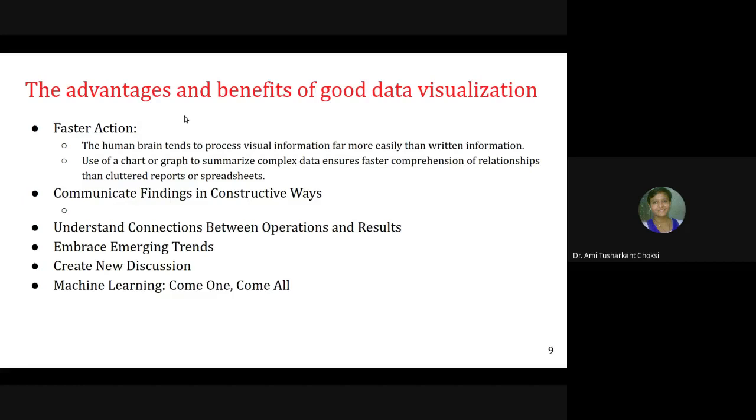What are the advantages and benefits of good data visualization? For that, we can say faster action is there. The human brain tends to process visual information far more easily than written data, right? That is obvious. If I say to you, cat, cat is a cute animal. It has 4 legs, 1 tail.